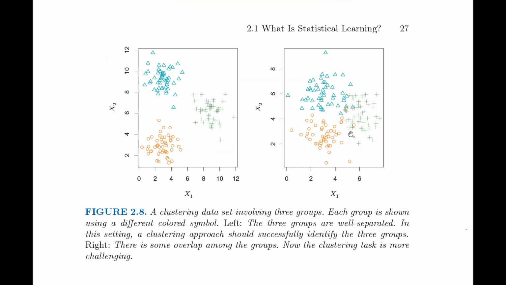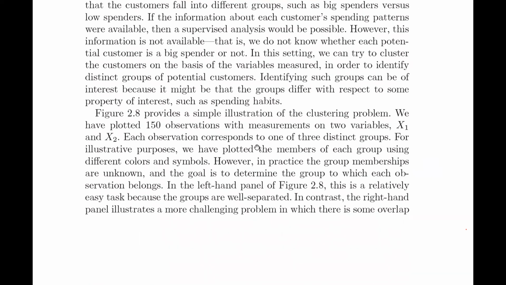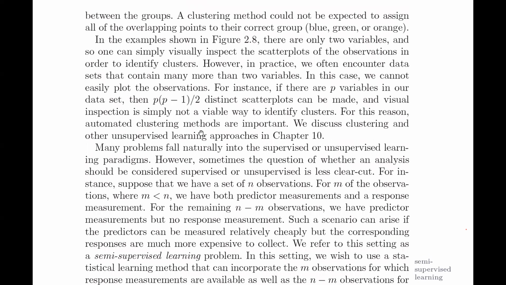There is even overlap between, from what I can see, the blue and the green, and perhaps minor overlap over there as well. In contrast, the right-hand panel illustrates a more challenging problem in which there's some overlap between the groups. So this is unsupervised learning.